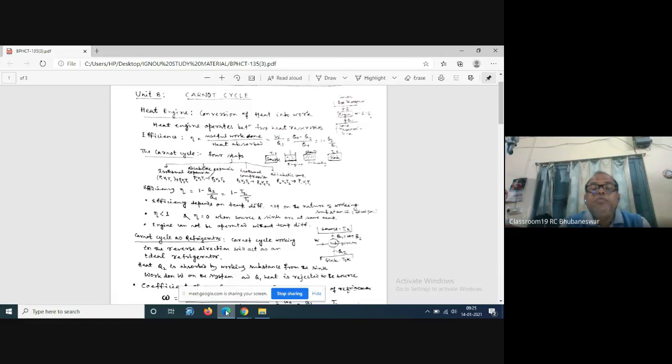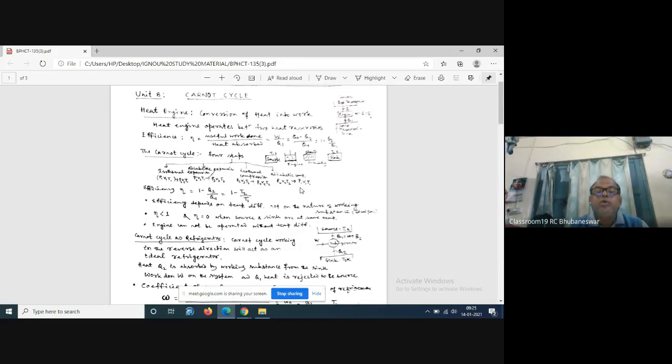When the piston is moved downward, the gas compresses and the pressure and volume change from P4, V4, T2 to P1, V1, T1. This is the initial state.